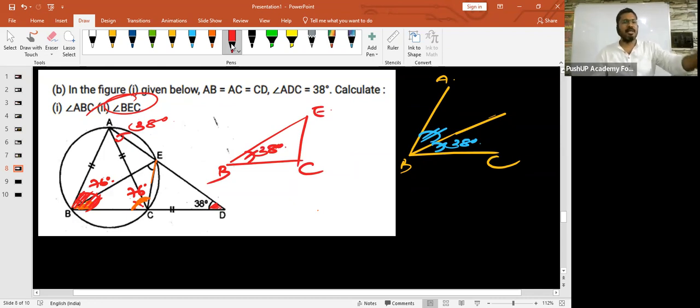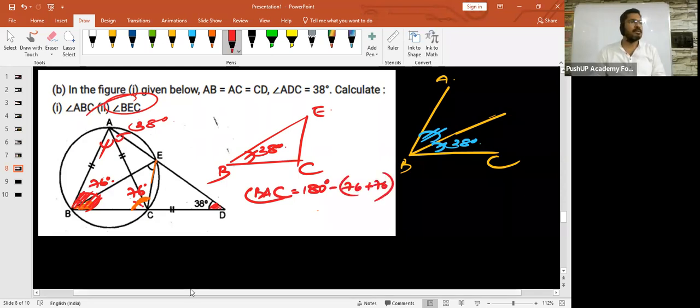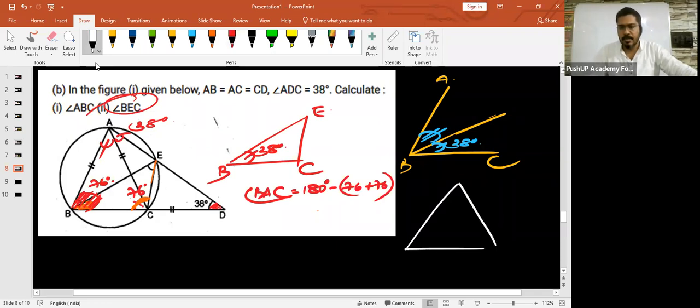Okay. Children, it's easy, because you can find angle BAC. How? Wait, children, don't be in a hurry. I will teach you in detail. You take this triangle ABC.